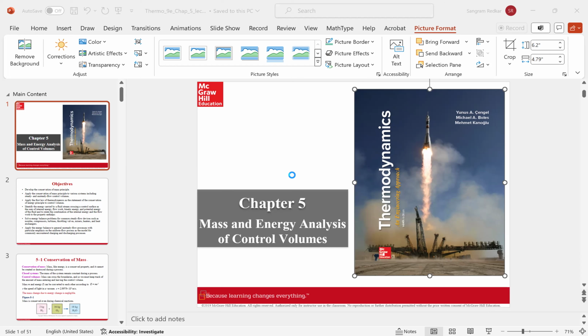In other words, the general conservation of mass principle states that the rate of change of mass inside the control volume plus the rate of mass going across the control surfaces, the total sum, is equal to 0.